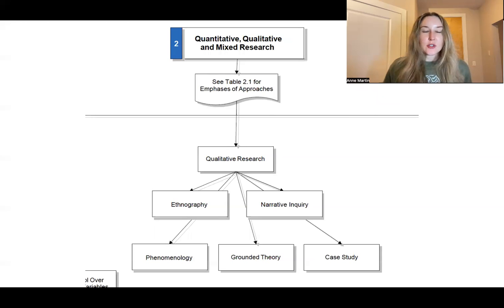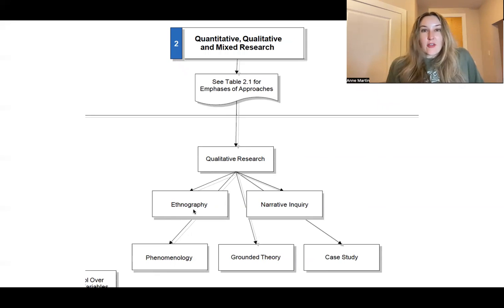Phenomenology, when they are trying to capture the essence of a certain type of phenomenon. Maybe it's like a harp player. And so phenomenology of becoming a harp player, understanding what all that is like. So ethnography and phenomenology. Ethnography is trying to understand a culture.